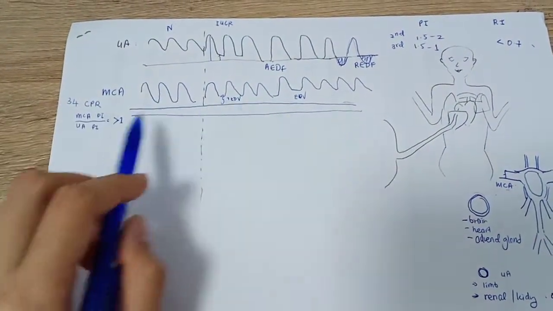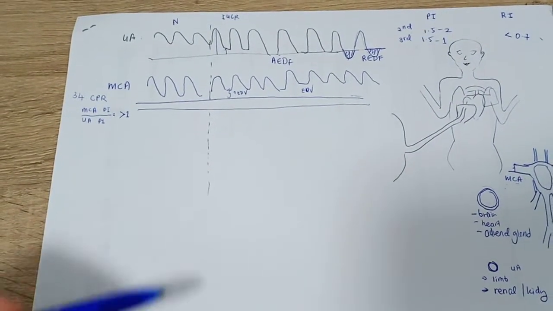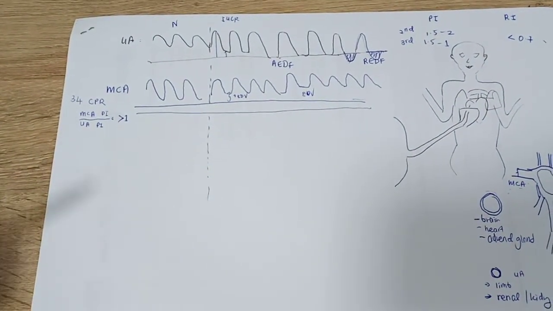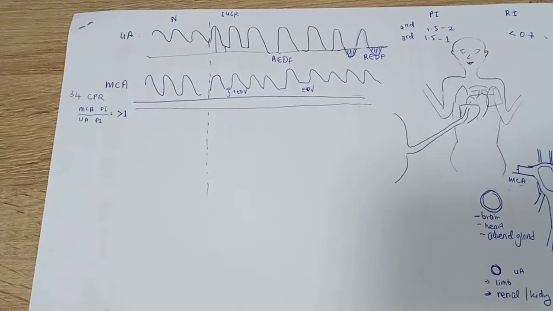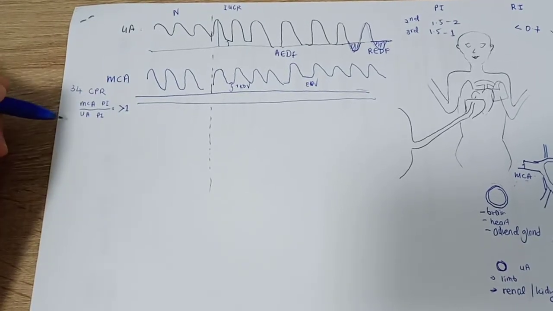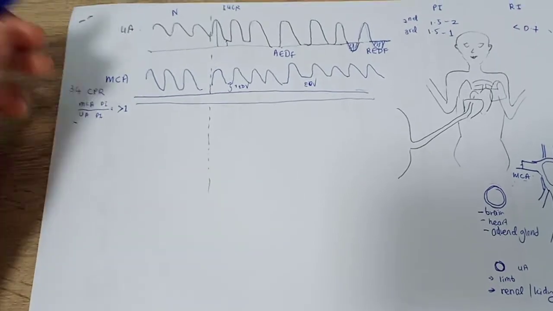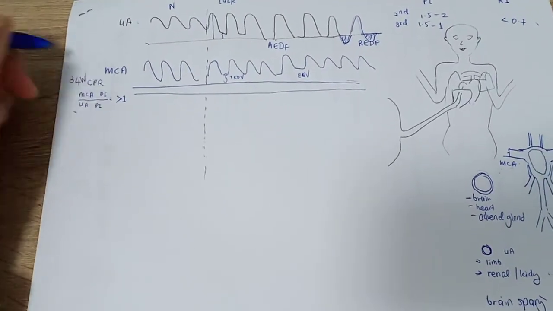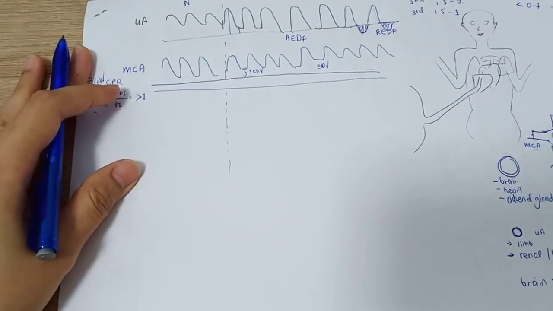There are no brain sparing effects, so the fetus is in a tolerable condition, and you can delay the delivery a bit with frequent monitoring. There is another chapter on how to monitor a baby with suspected IUGR after 34 weeks using the CPR. So this is what happens in the MCA.